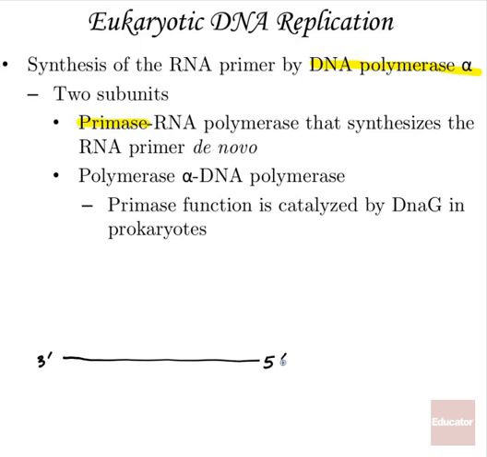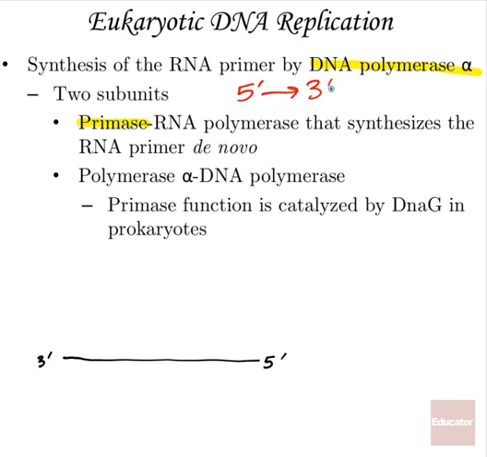Now, our DNA polymerase alpha, as well as our other replicative polymerases that we're going to talk about, always synthesize in a single direction, meaning they have polarity. That direction is 5' to 3', meaning they always add the new incoming base to the 3' hydroxyl of the previous base.